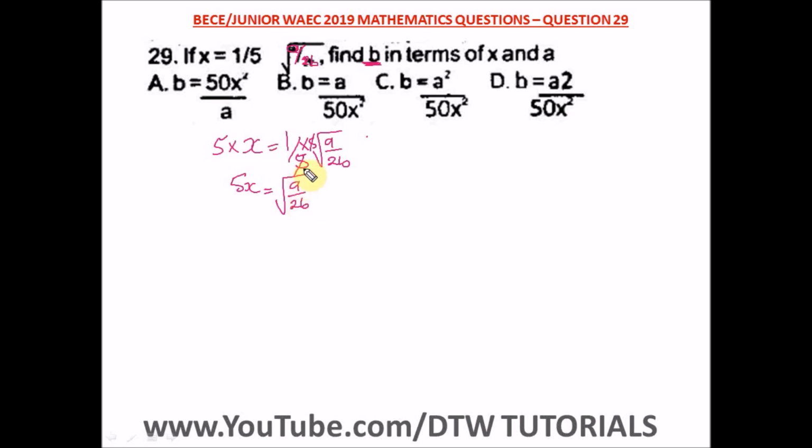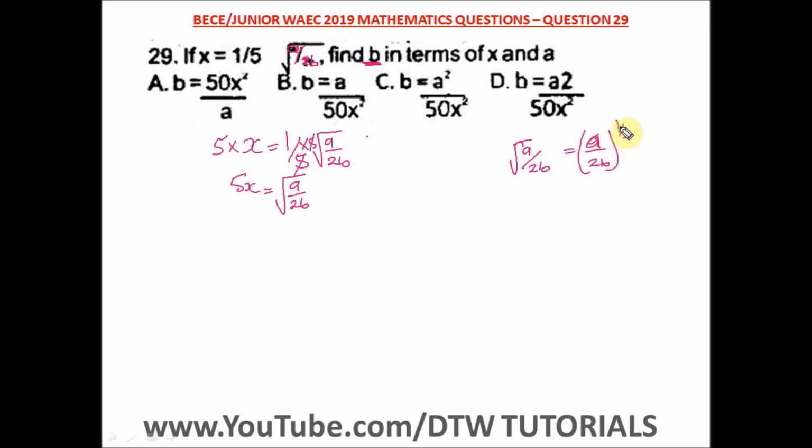So the next thing we have to do is remove the square root. Remember, in removing a square root, it affects what is on the other side of the equation, so you have to square both sides. Remember in your indices, the square root of a over 2b is equal to a over 2b all raised to the power 1 over 2.